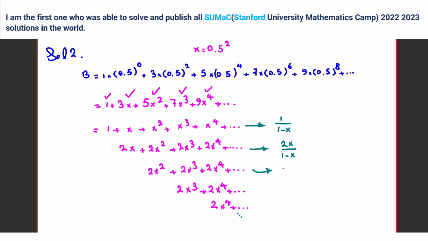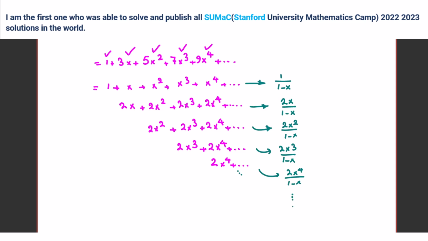Next one is what? 2x squared over 1 minus x. Exactly. Next one. 2x cubed over 1 minus x. Yes, and so on, right? Next one, 2x to the 4 over 1 minus x.